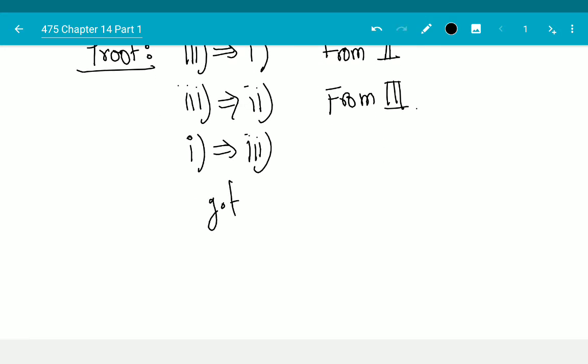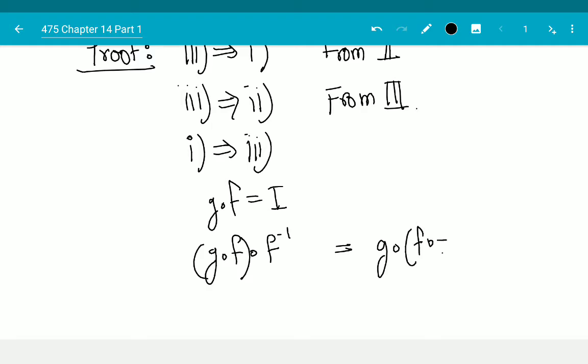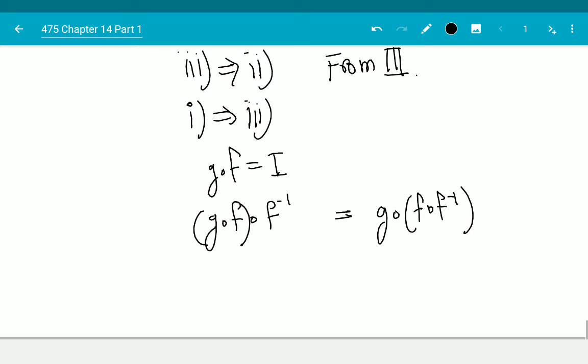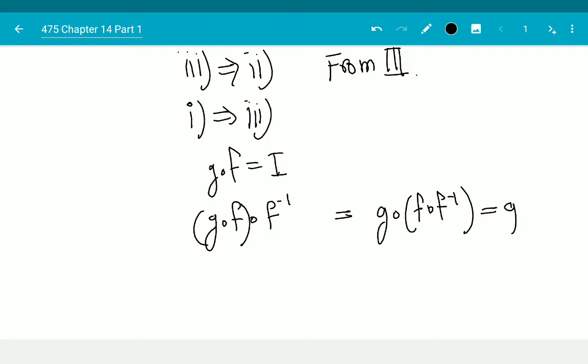So suppose g of f is equal to identity. Okay? So then look at g of f composed f inverse. Well, this is also equal to g composed f of f inverse, right? Which is equal to g composed I, which is equal to g.